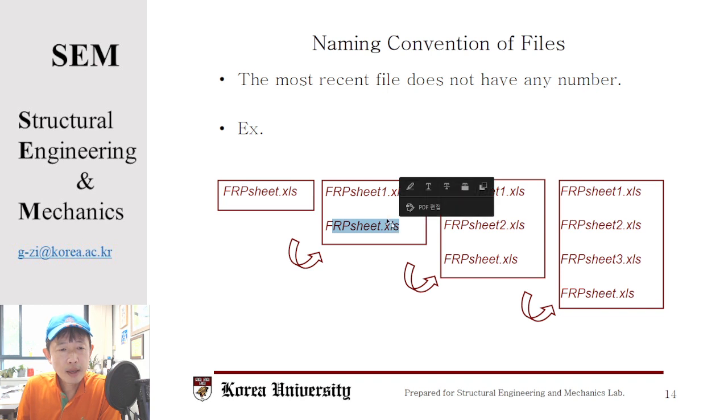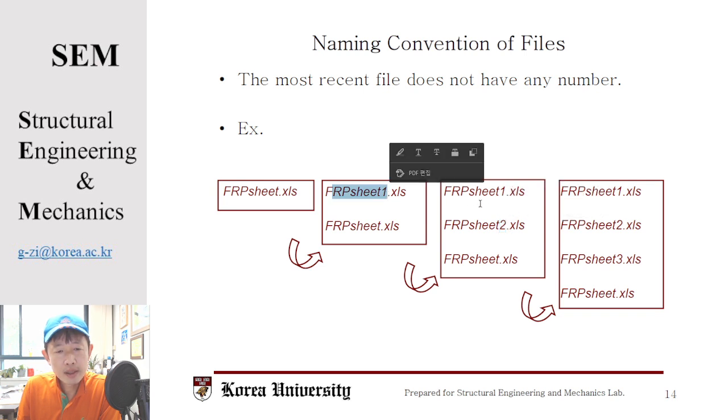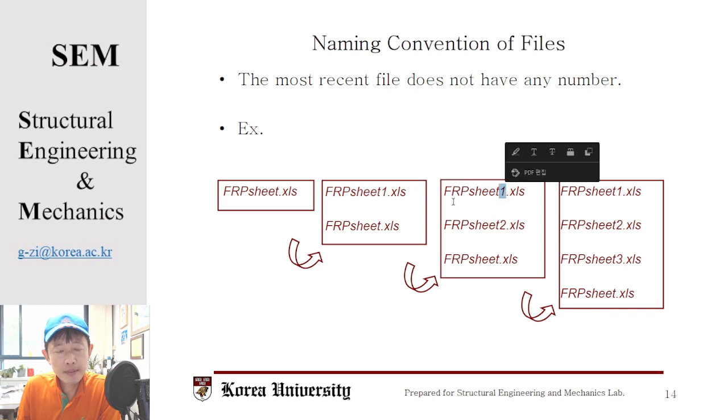Later, if you modify it again, you copy this file and put index 2. But look at this: the file name with index 1 is never changed. You keep it as is, and this file is indexed by 2 in sequential order, and the file with the new information still keeps the same name.